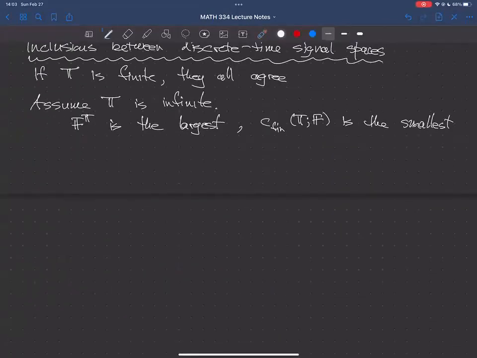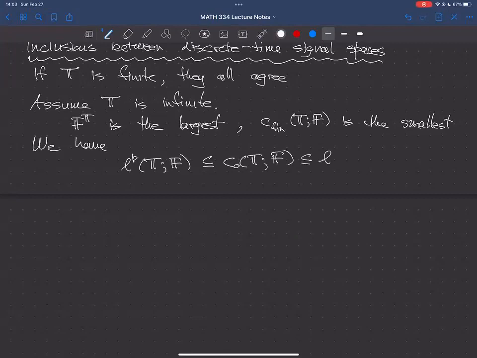So what I just said is that LP is contained in C0, which is contained in L infinity.